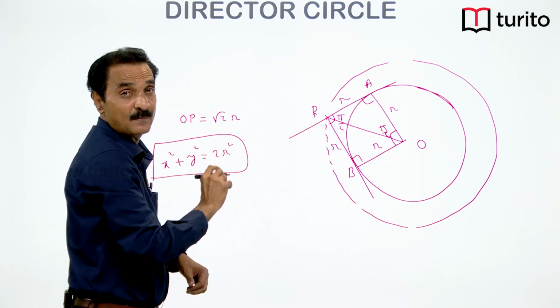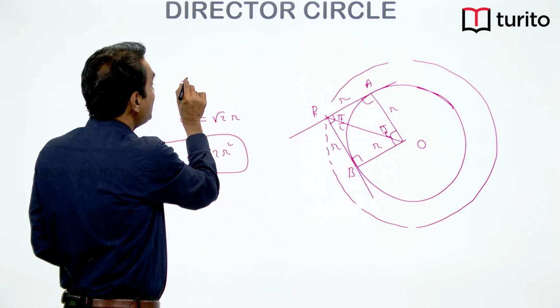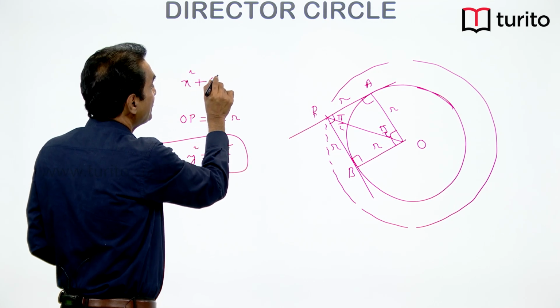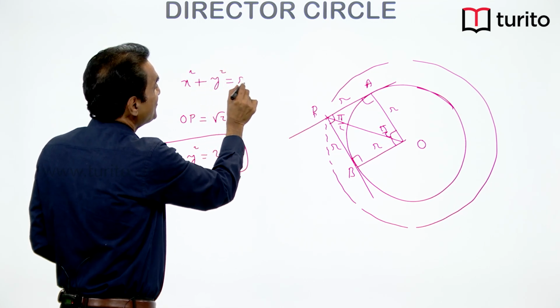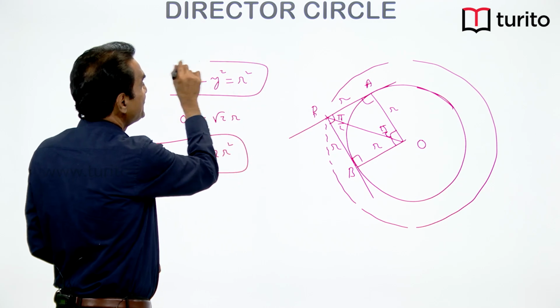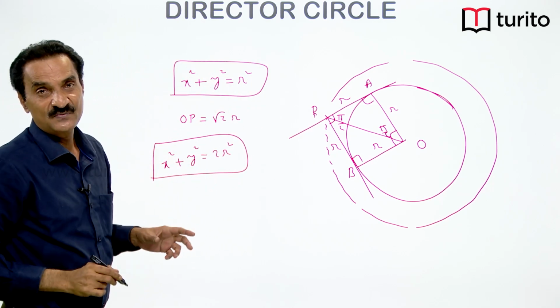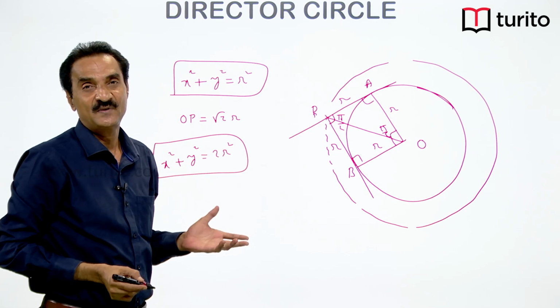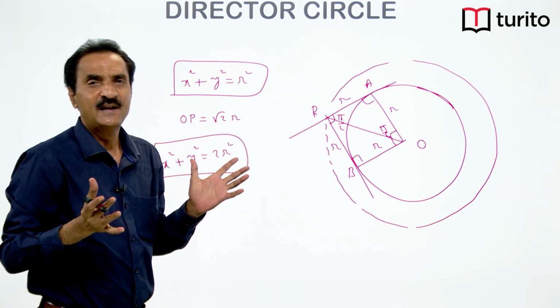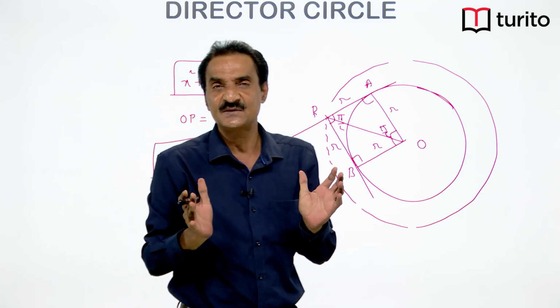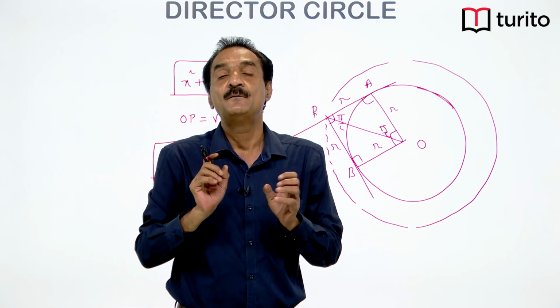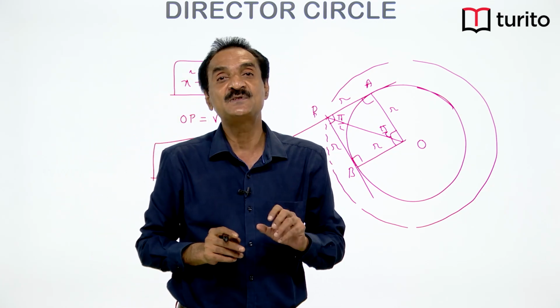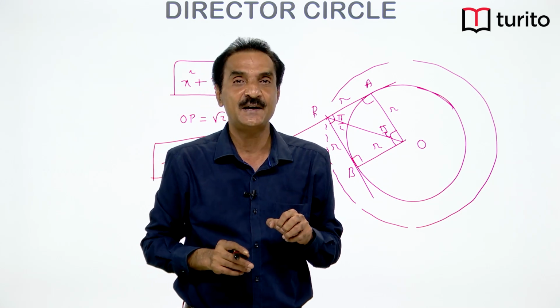What is this circle? x square plus y square is equal to r square. So, the director circle of x square plus y square is equal to r square is x square plus y square is equal to 2 r square. So, in general, the director circle of a given circle is a concentric circle with radius root 2 times the radius of the given circle. Okay.